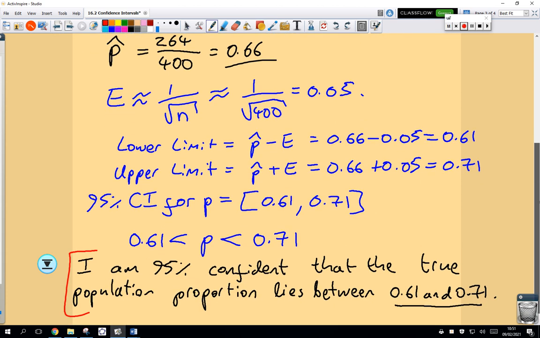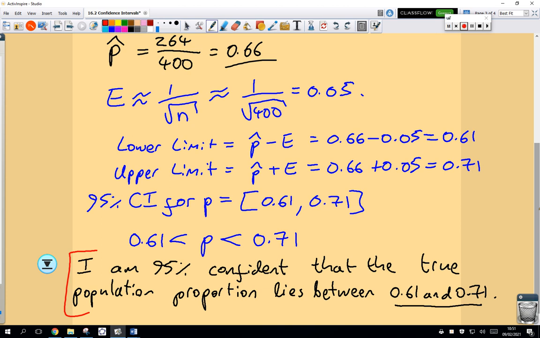And in 95% of those confidence intervals, we will be right, essentially. 95% of confidence intervals will contain the true population proportion. 5% of them will not, so we're not absolutely certain that ours is one of the 95%, but there's a very good chance. We would be wrong 1 out of 20 times, which is 5%. We would expect to be right about 95% of the time.